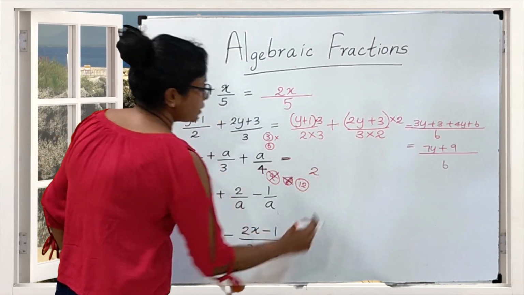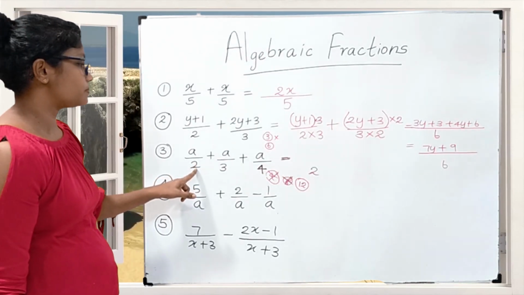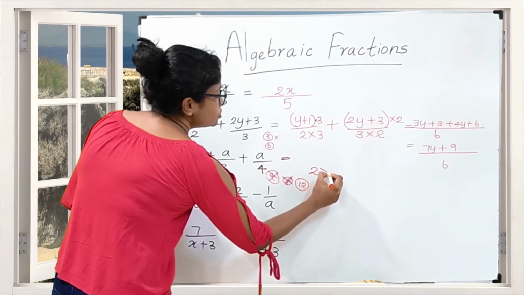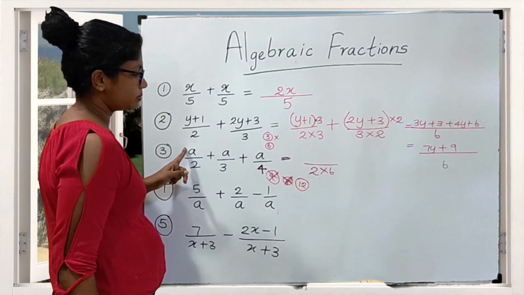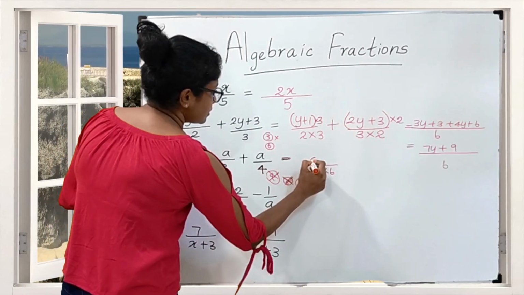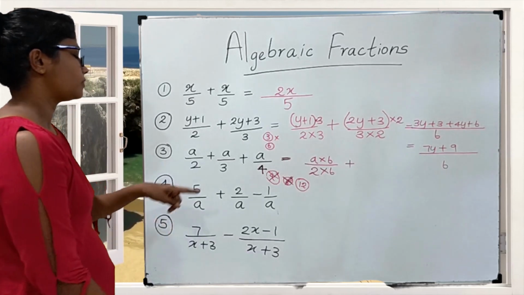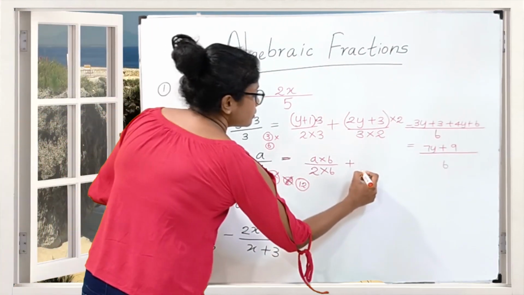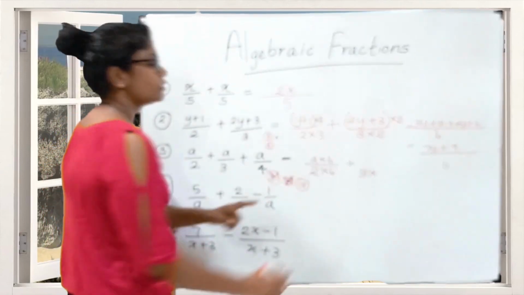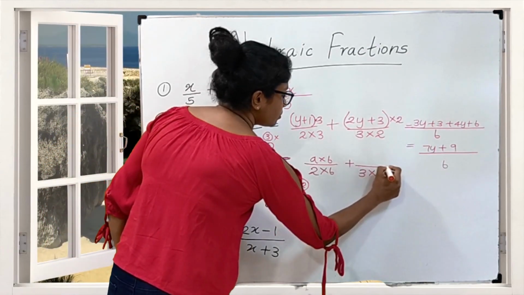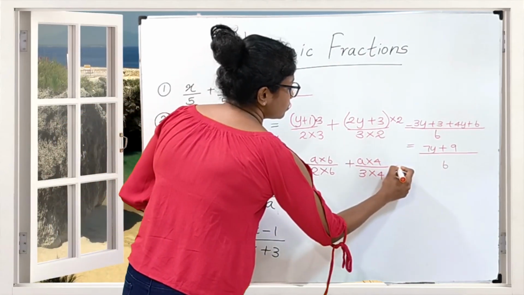Then we convert this into 12. How can we convert this into 12? Multiply this by 6, 2 into 6. Then here also we have to multiply by 6, A into 6. Plus 3 multiplied by 4 to get 12, then again A multiplied by 4.